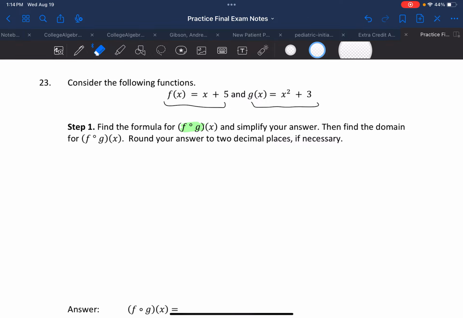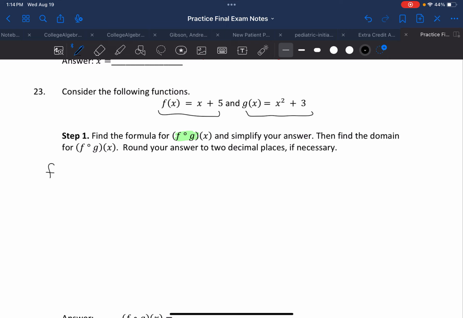This means composition. So notation-wise, and you can put this on your cheat sheet, f of g of x, that's how we say that. Well, actually, let me say it like this. The composition of f and g of x is the same thing as f of g of x.